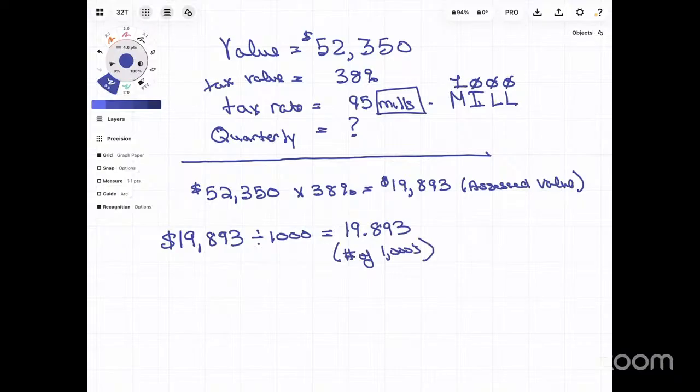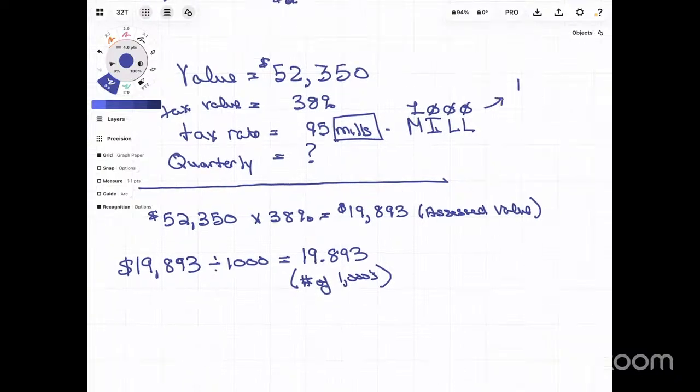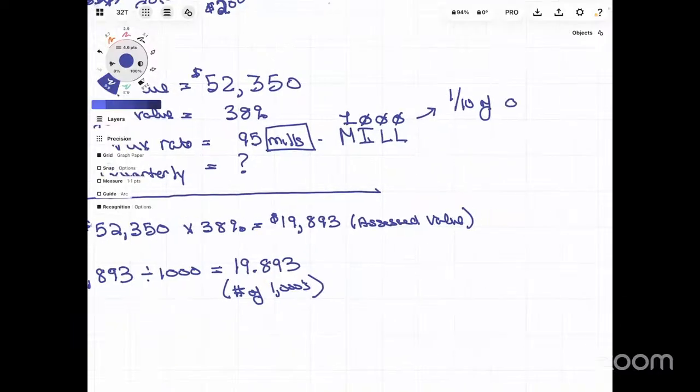That's the number of thousands, basically. When we do mills, a mill is 1/10 of 1 cent. If you put 0.01 divided by 10 into your calculator, you're going to get 0.001. It's thousandths. This is tenths, this is hundredths place, this is thousandths place.